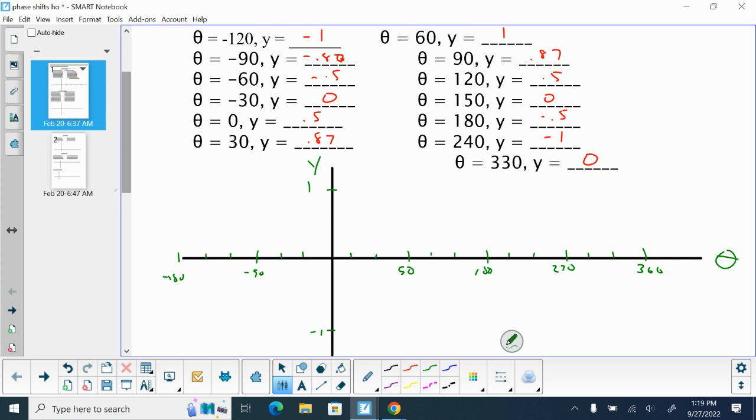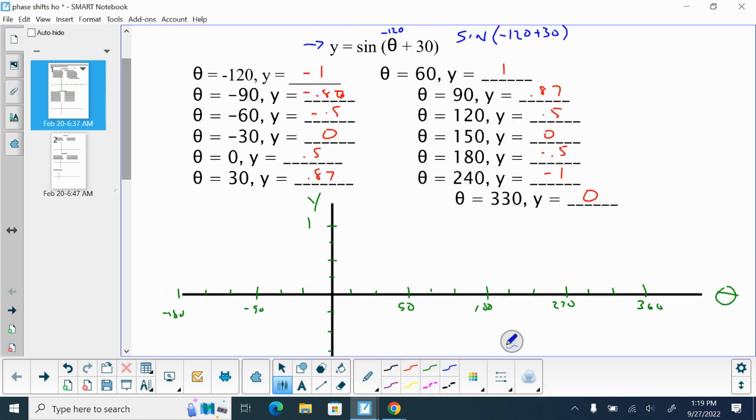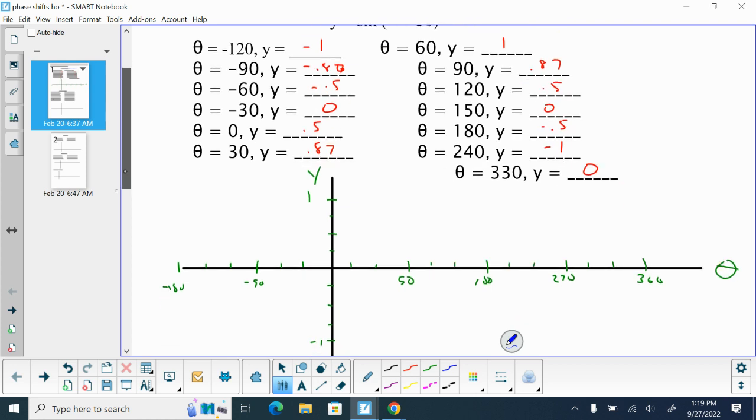Now what I'm going to do is divvy these up into halves and quarters, the 1 and the negative 1 also. So if I plot my points, at negative 120 we're at negative 1. At negative 90, 0.87.